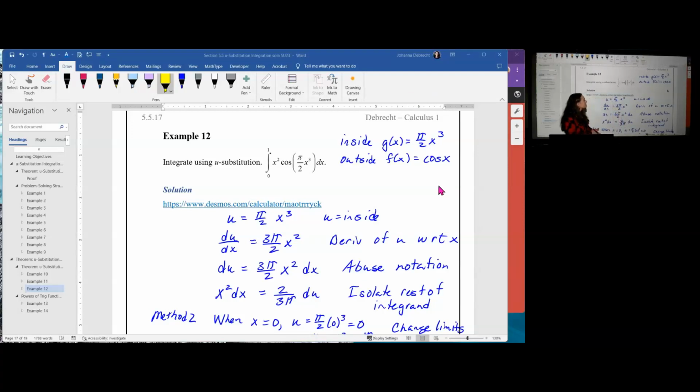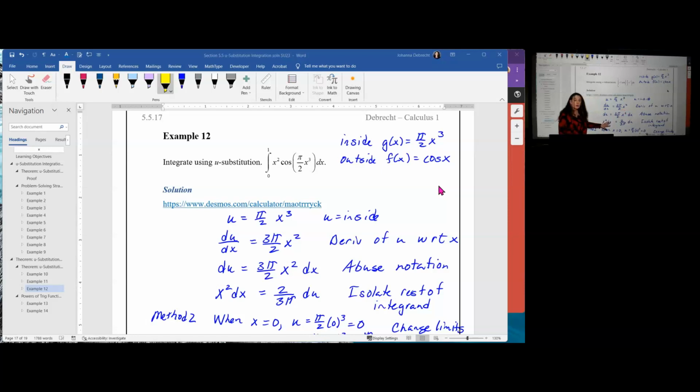Let's now see how you did. Our inside function is pi over 2 x cubed. Our outside function is cosine of x. When we evaluate, we take the derivative of u with respect to the original differential dx, and this gives us 3 pi over 2 x squared. We abuse the notation and swing the dx around.